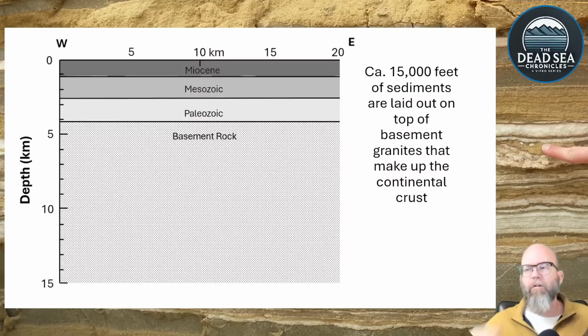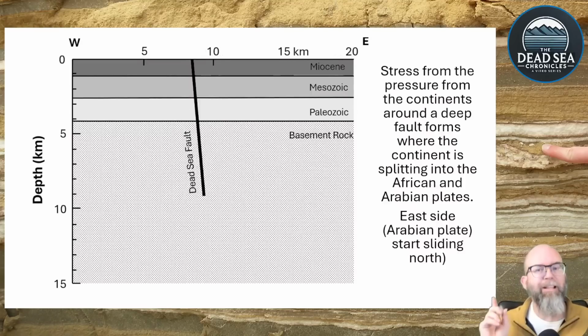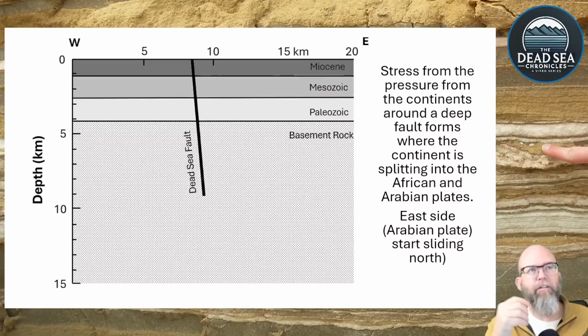You have a relatively flat piece of land, not very far above sea level at this point. And that's about 15,000 feet of sediment on top of the crust. Now, if you're thinking ahead, you're thinking young Earth creationists would say that all that sediment came from Noah's flood.